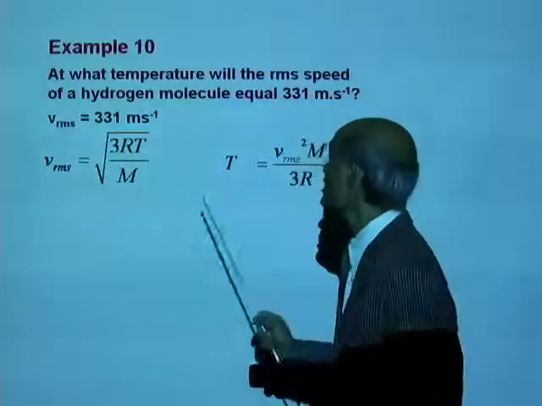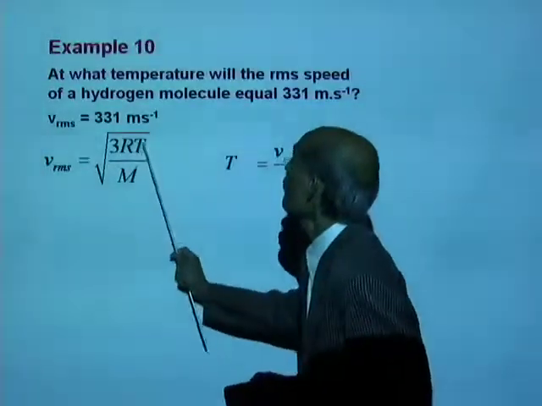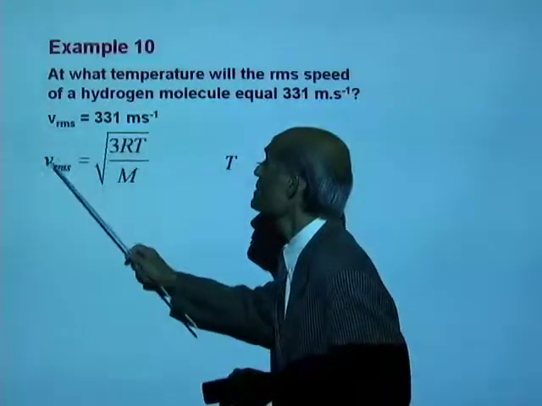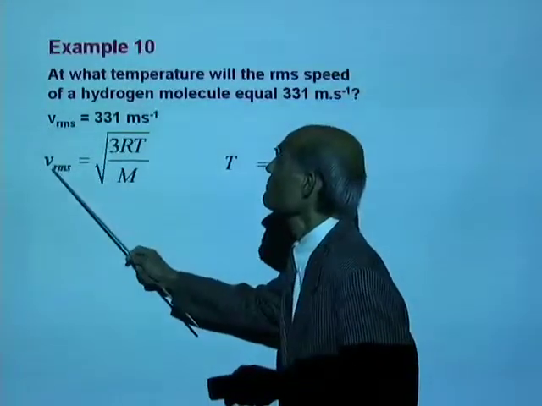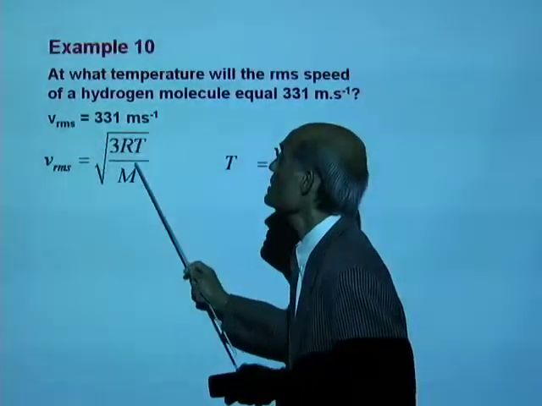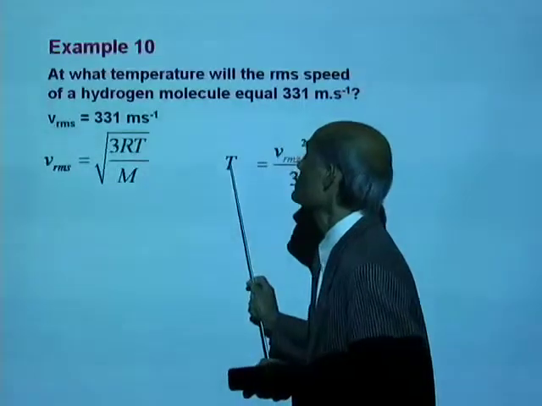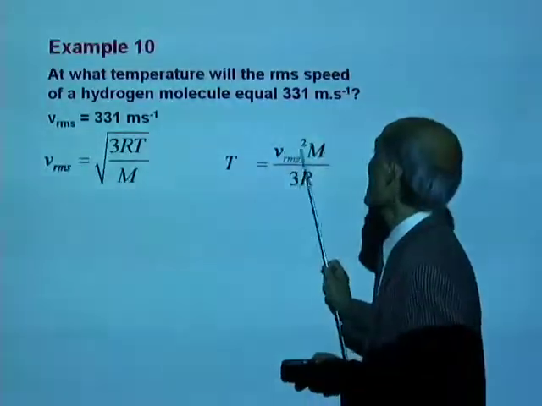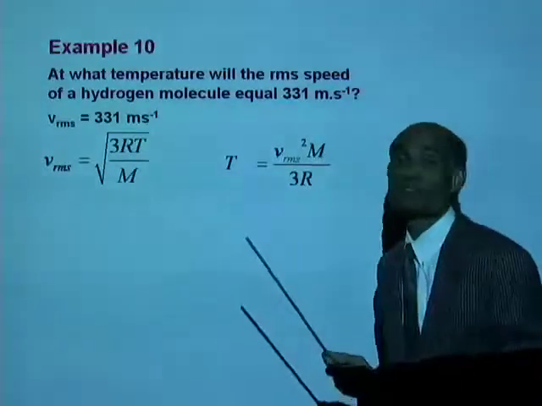And what is therefore the temperature? Solve for T: square both sides. Vrms squared equals 3RT over M. Therefore T equals Vrms squared times M divided by 3R.